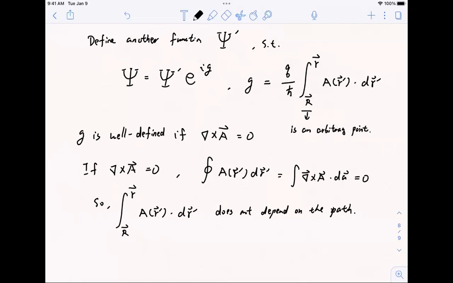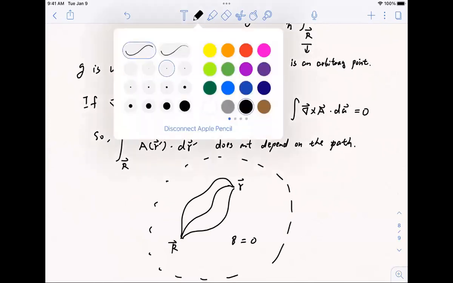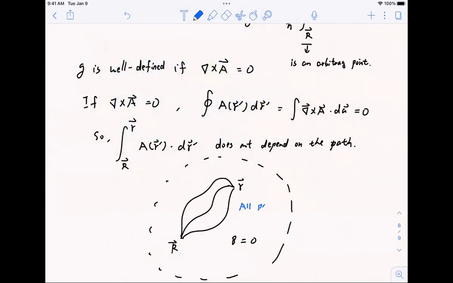This is the integration from R0 to R. If this whole area is equal to zero, then it doesn't matter what path you take. You take this path, you take this path. All paths give the same integration result.